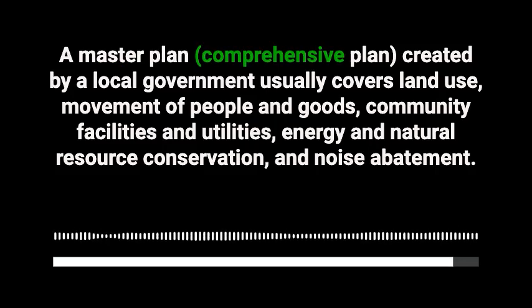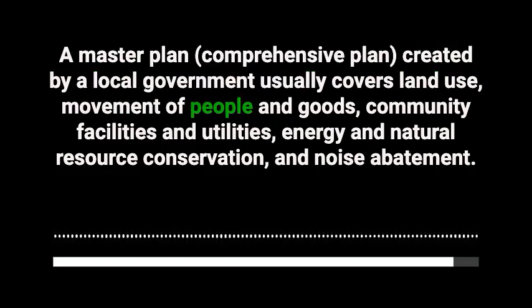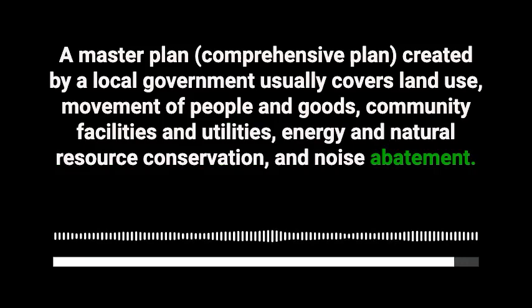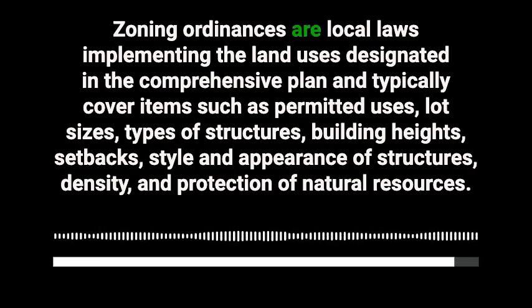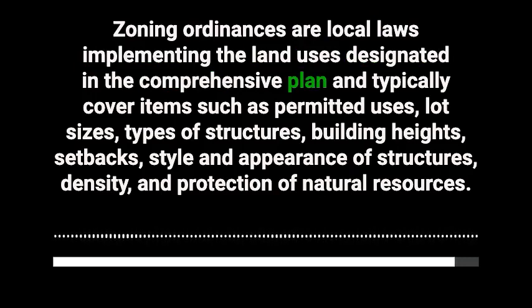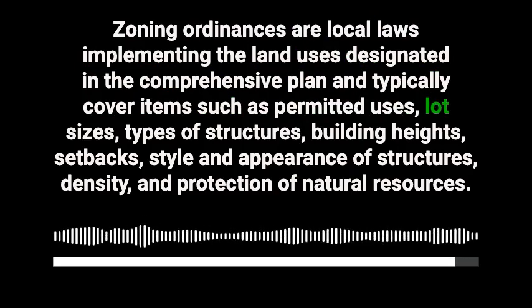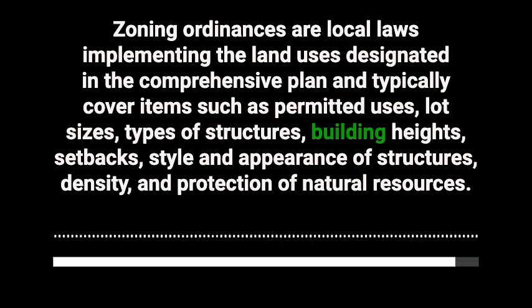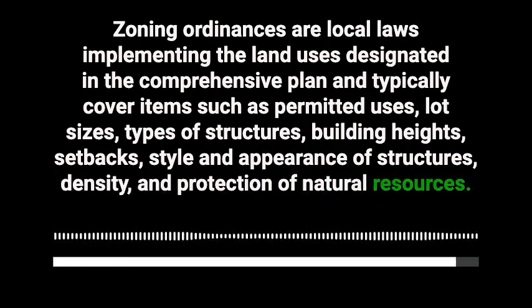A master plan created by a local government usually covers land use, movement of people and goods, community facilities and utilities, energy and natural resource conservation, and noise abatement. Zoning ordinances are local laws implementing the land uses designated in the comprehensive plan, and typically cover items such as permitted uses, lot sizes, types of structures, building heights, setbacks, style and appearance of structures, density, and protection of natural resources.